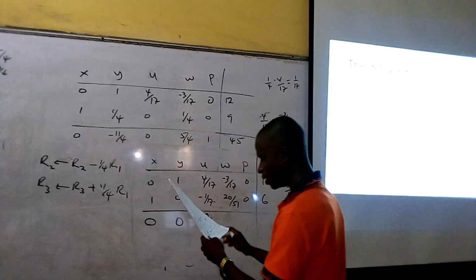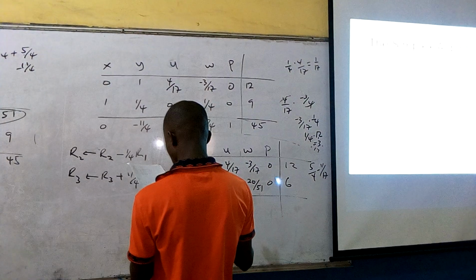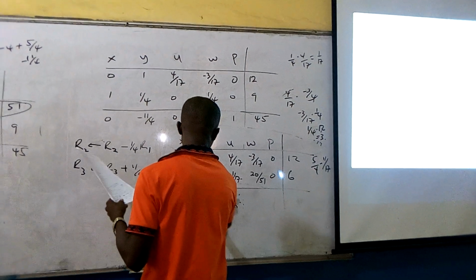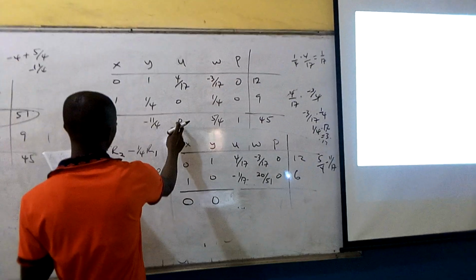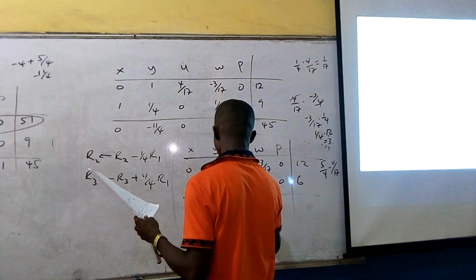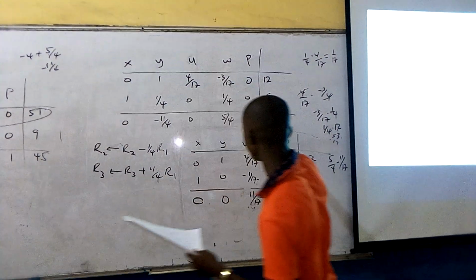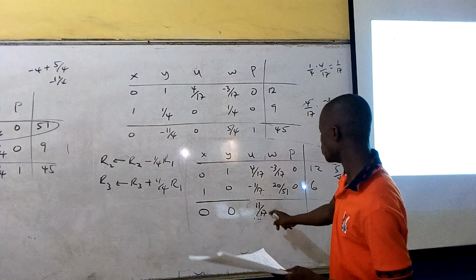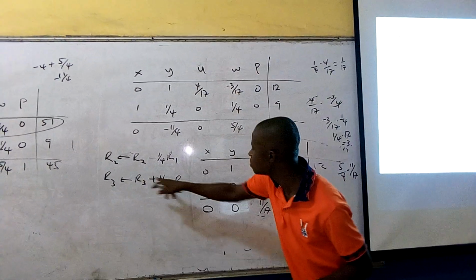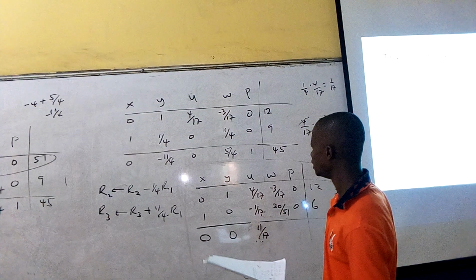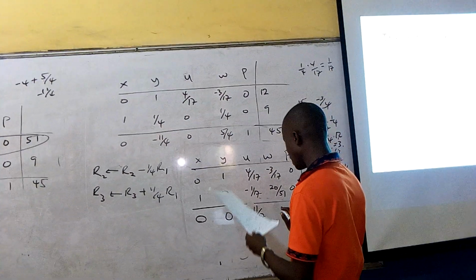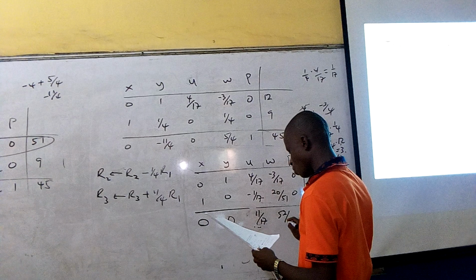Sorry, it will be 11 over 17 here. We are here. Right. So that will be 11 over 17, because when we add to whatever we have, because we got 11 over 17, when we add to 0, it will give you the same answer. So this one will give us 52 over 51.